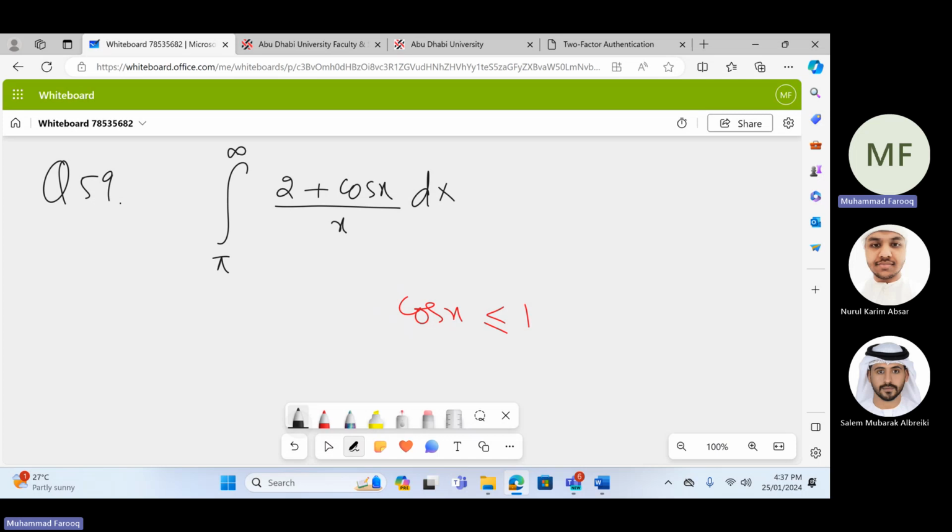So when I add plus 2, this inequality doesn't work; it is now greater than or equal to 1. Why not make it less than? It's not possible: cosine x is at most 1, and adding 2, is 2 plus 1 less than 1?